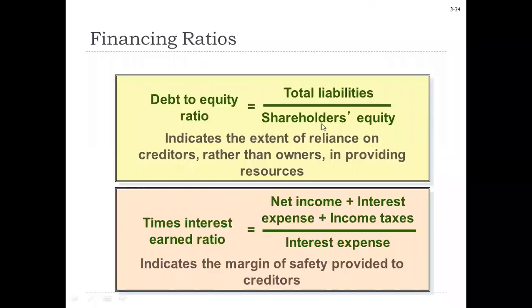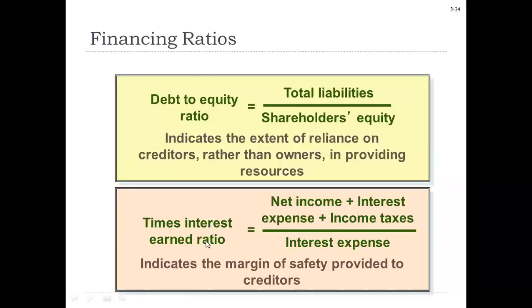Remember, stockholders' equity is all the money that the stockholders contributed to the company, plus all of the net income that has been accumulating in the company. So total liabilities divided by stockholders' equity, the debt to equity ratio, measures how much debt a company has. Obviously, the less debt a company has, the better off it is. So this ratio gives an indication of that.